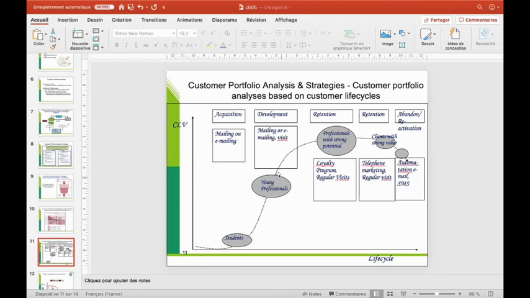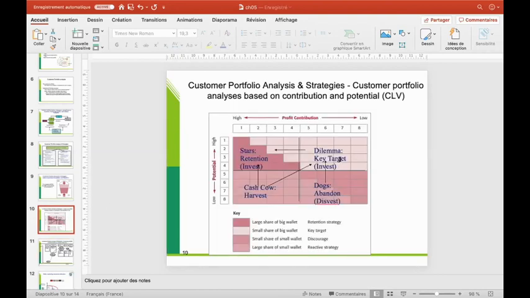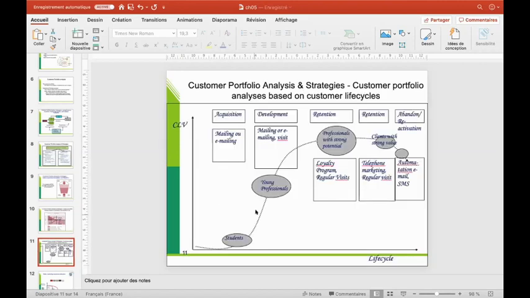So you will switch from the dilemma into a star position. And the more you evolve in your career, the more you will become professionals with strong potential. So the idea is to develop you with different financial products by email, but also with a personal visit with a bank advisor.